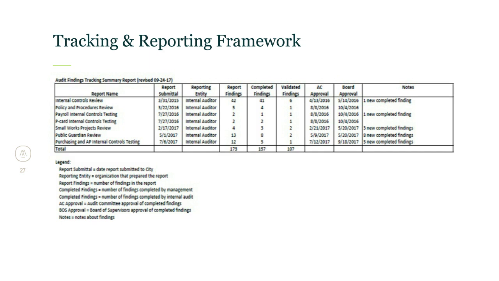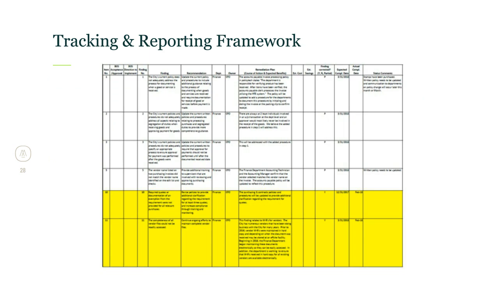So making sure that there's follow-through and reporting on your progress, so that your decision-making groups know that this money is well spent, that things are getting accomplished. We're not just identifying observations and findings, we're implementing recommendations. This second slide shows, highlighted in yellow, the things that were accomplished over the prior reporting period. So think of this as reporting back to an audit committee.